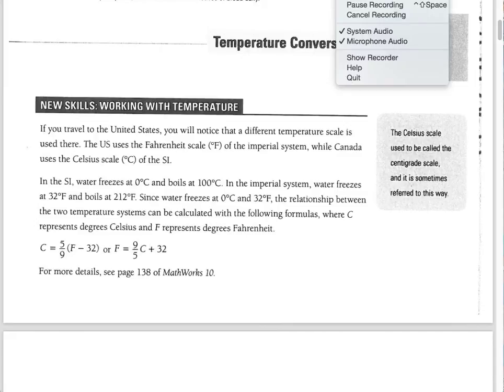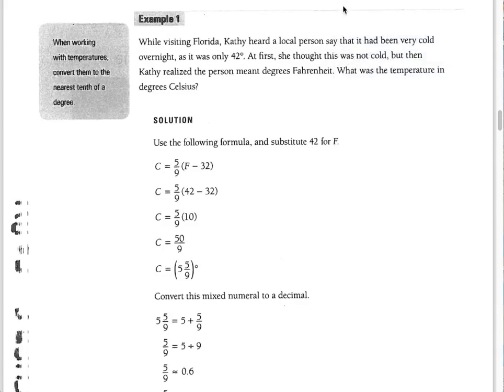I'm just going to go on to the next page here. So in example 1, while visiting Florida, Kathy heard a local person say that it had been very cold overnight and it was only 42 degrees. At first she thought this was not cold, but then she realized the person meant Fahrenheit. What is the temperature in degrees Celsius?